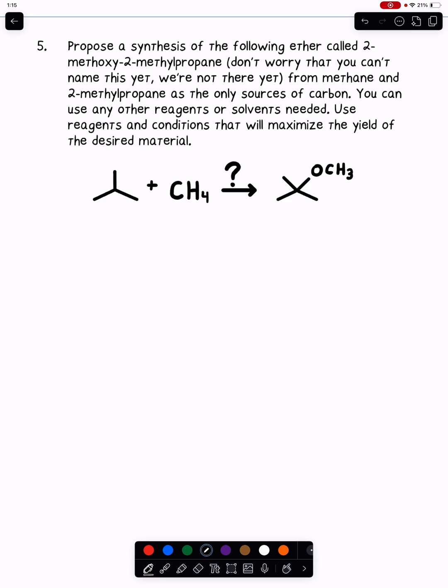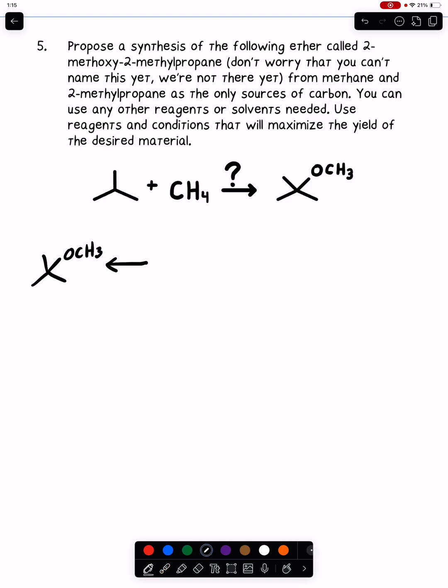All right, so I'm going to redraw this product here. And again, we're going to work our way backwards. So I'm going to draw a backwards arrow here, because what I'm saying is that we're trying to answer what we can make this structure from and what reagents we can use. I'm just looking at the functional group that's present here.